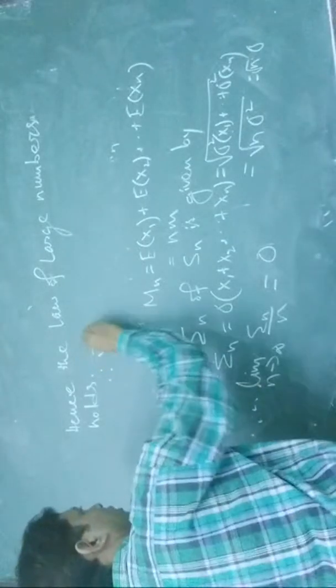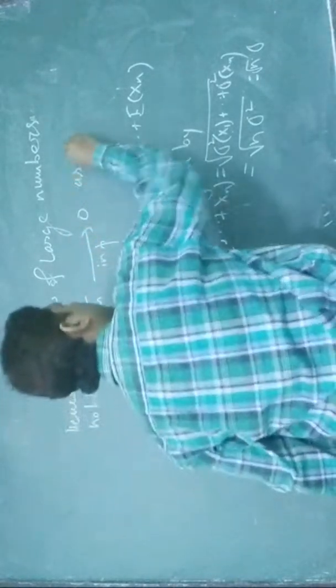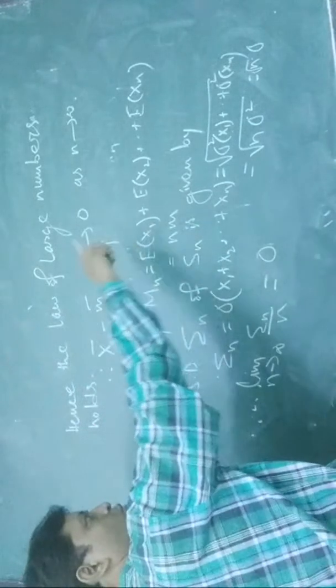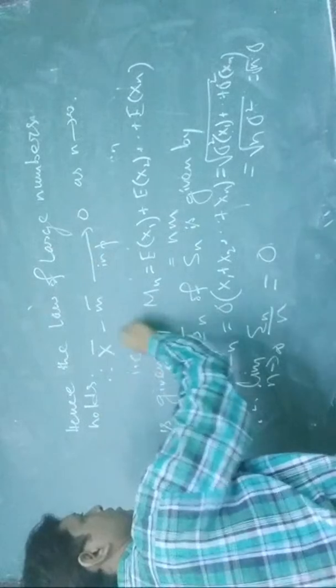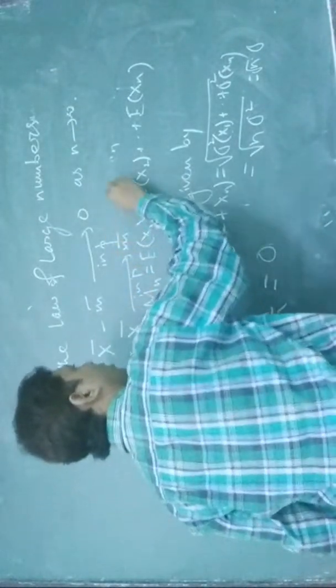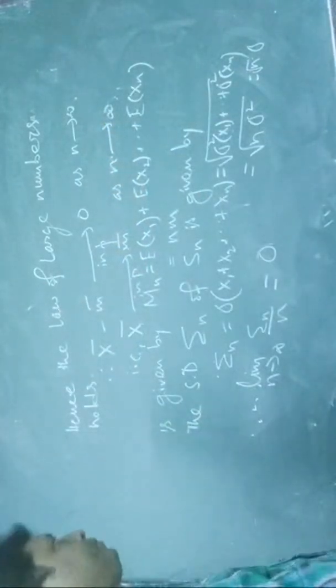Therefore x bar minus m tends to 0 as n tends to infinity, where x bar is x1 plus x2 plus xn by n, that is x bar tends to m as n goes to infinity. Yeah, that's the final result.